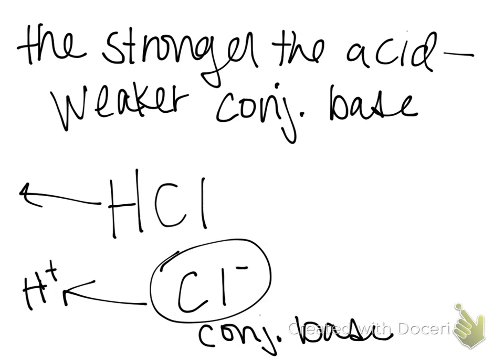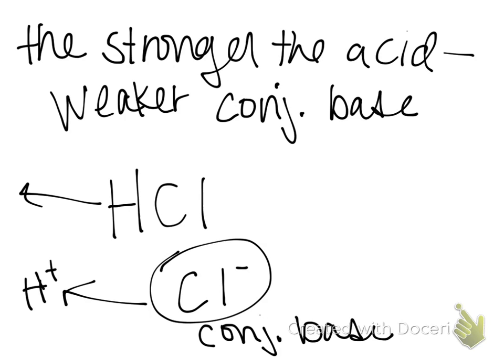That means it's going to be really unlikely to attract a proton and retain a proton. So strong acids make really bad conjugate bases because they don't want to pick up that proton. They want to stay separate, they want to dissociate, they want to ionize. So really strong acids make really weak conjugate bases.